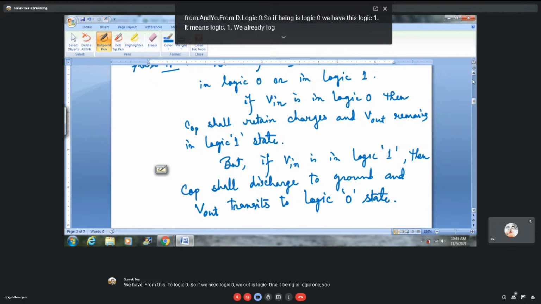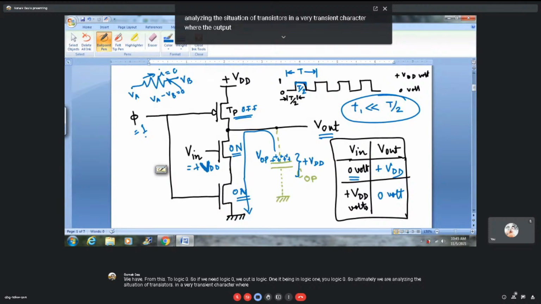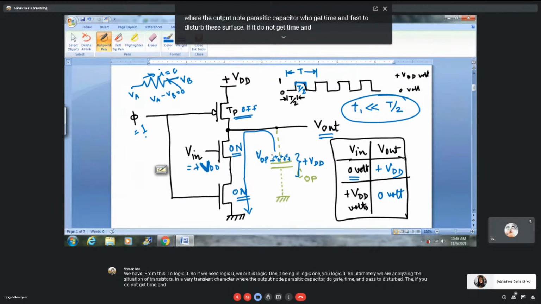So ultimately we are analyzing the situation of the transistor in a very transient character, where the output node parasitic capacitor, if it gets time and path to discharge, it discharges. If it does not get time and path to discharge, it does not get discharged.